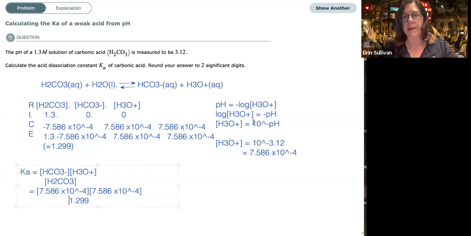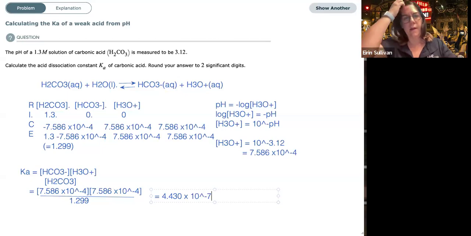I can then go ahead and put that in my calculator and get the actual numerical value for Ka. In this case, that is going to be 4.430 times 10 to the power of minus 7. I've been asked for the answer to 2 significant figures, so that'll be 4.4 times 10 to the minus 7. And that's all we have to do for that one.